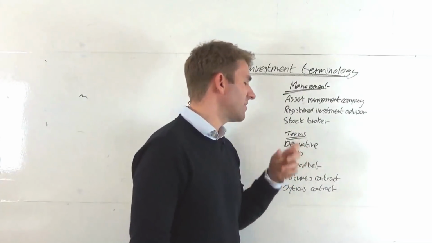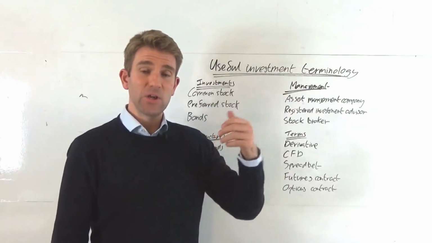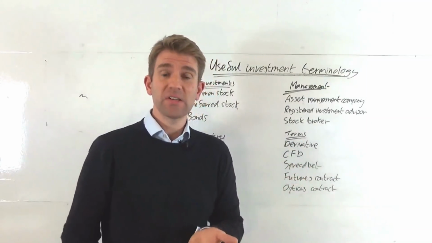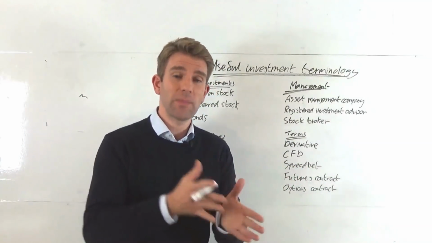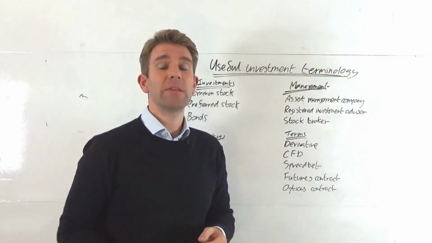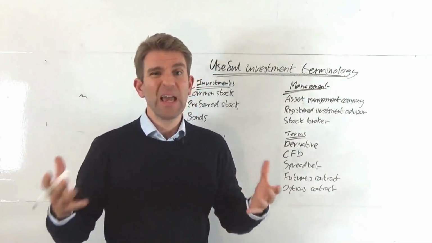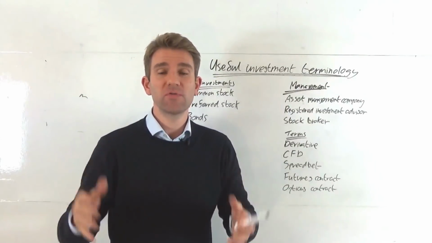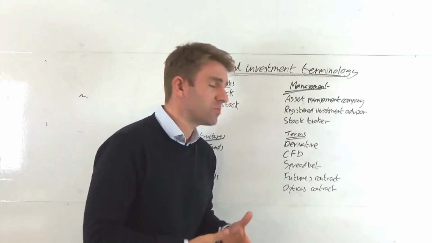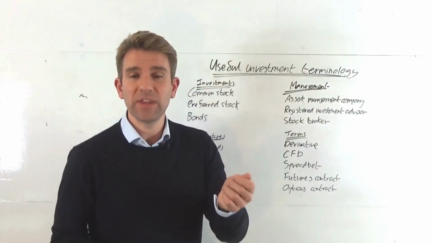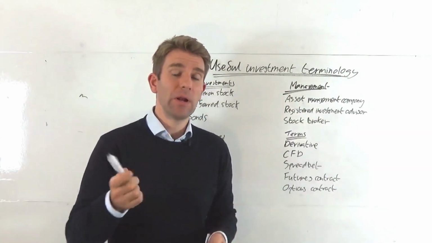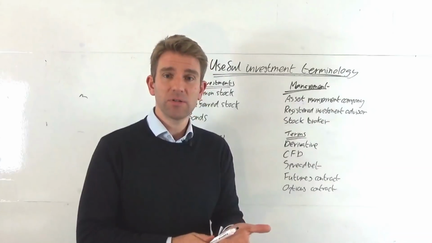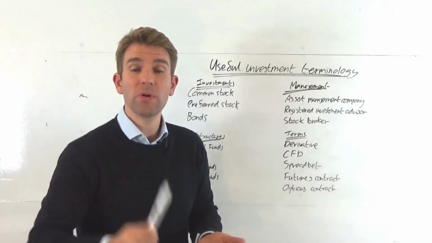A CFD is a contract for difference. This is literally a contract that says, I will pay you the difference between the buy price and the sell price, and you will pay me the difference between the sell price and the buy price. It's ultimately me going long, you going short, and agreeing the magnitude of size. So one CFD contract would be, let's say I went long one CFD at $10 and you went short one CFD at $10.